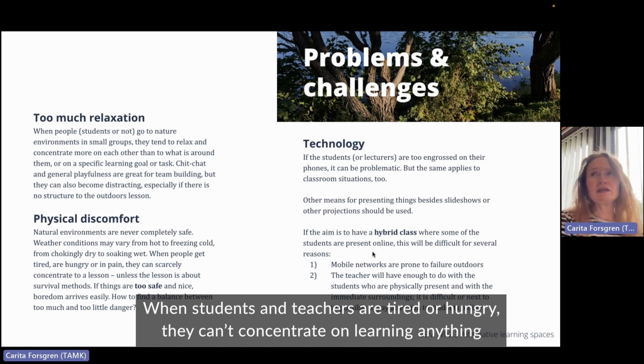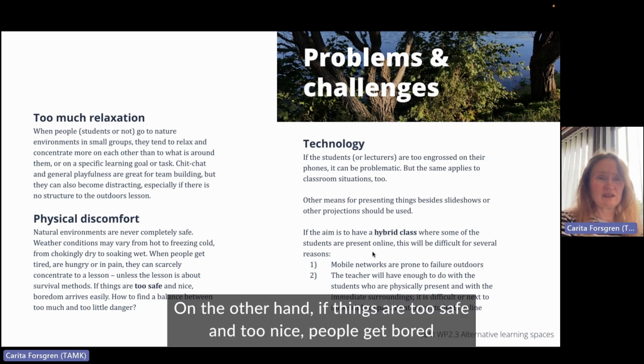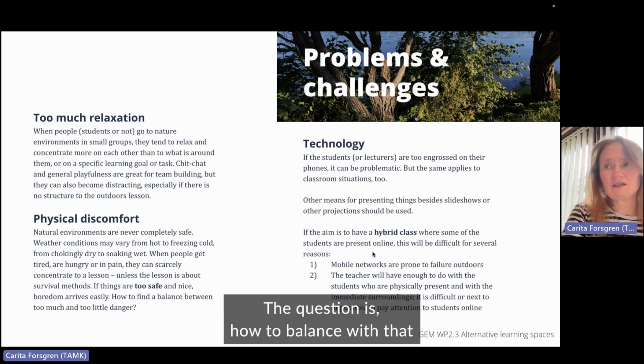And when the students and maybe the teachers are tired or hungry, then they can't concentrate on learning anything. Yeah, unless they have to learn about how to survive. On the other hand, if things are too safe and too nice, then people get bored. So the question is how to balance that.